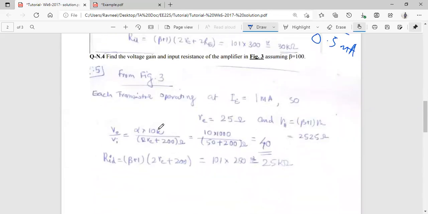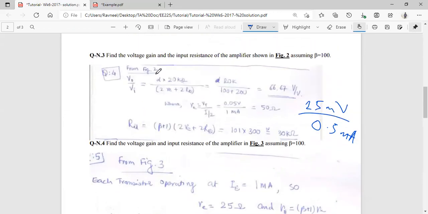Alpha is not given, so we'll assume alpha is equal to 1, or even if we calculate our alpha, it will be approximately 1. If alpha is 1, it will be just RC.